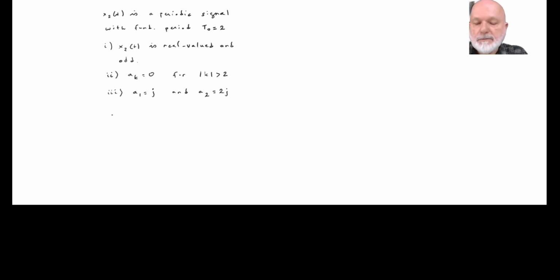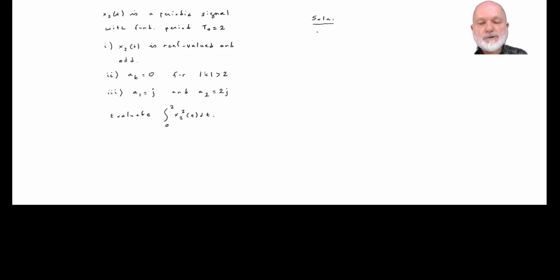Okay, the problem is evaluate the integral from 0 to 2 of x2 of t squared. Okay, so this is our problem now. Now again, how do we solve this problem?